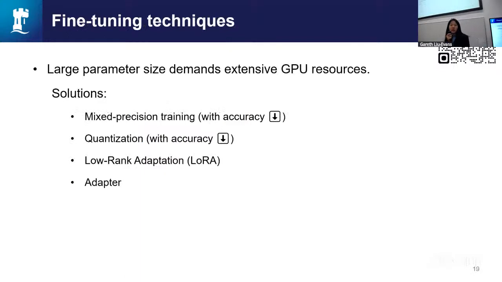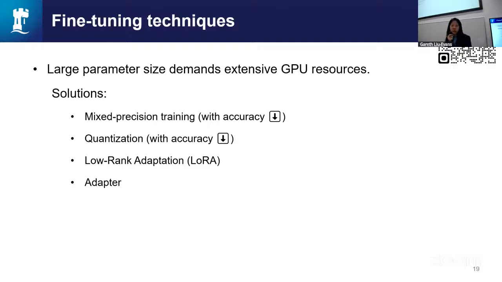And next is the fine-tuning technique. We already know that large language models have very large parameter size demands. They need lots of GPU resources. So how do we make it easier to use less GPU to train these models?